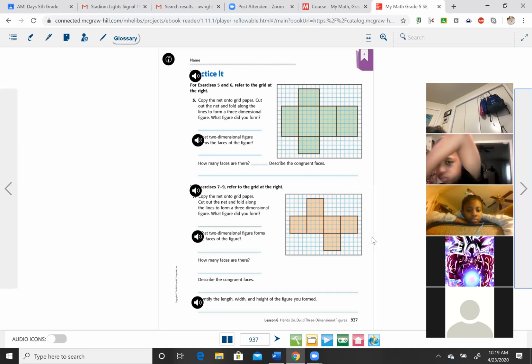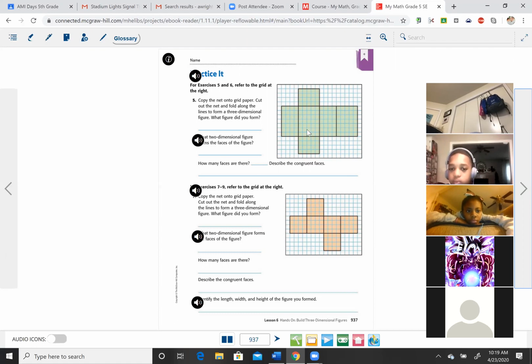No. Why would you say no? Wait, never mind. Yes. Okay, it is. So what can you tell me about each one of those? The squares are congruent, and two of the rectangles are congruent, and the other rectangles are congruent.